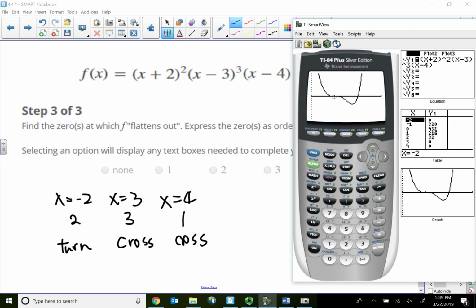But before it crossed at 3, flattened means it appeared to be what? The graph appeared to be a little bit flat right here, but it actually never touched the x-axis before it crossed.